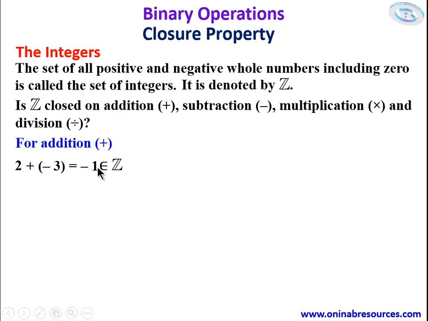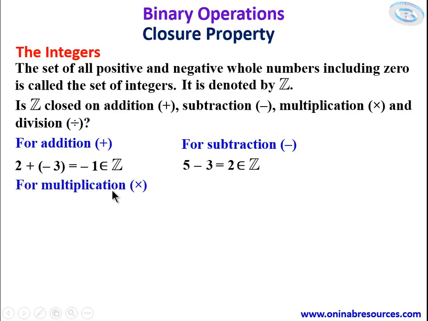So we can say now that addition is closed on integers. Then for subtraction, we pick another number, which is 5 minus 3, which is also an integer, and 5 minus 3 gives 2, and 2 is an element in Z since 2 is an integer.